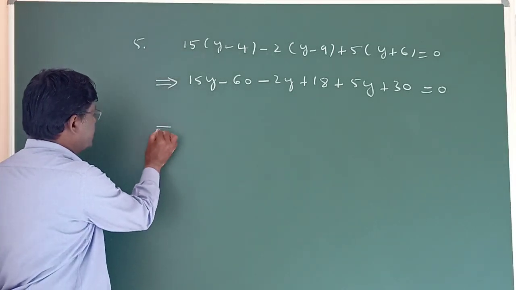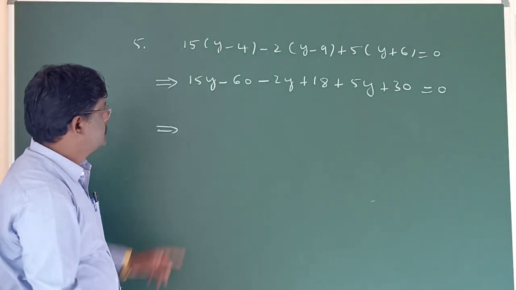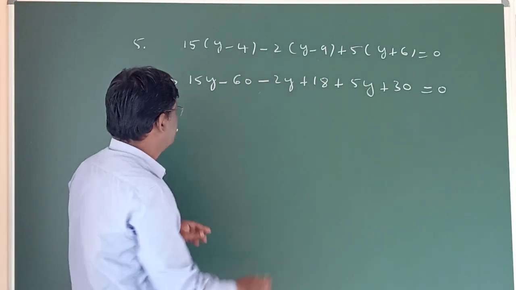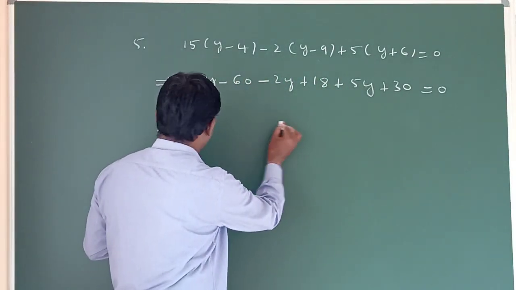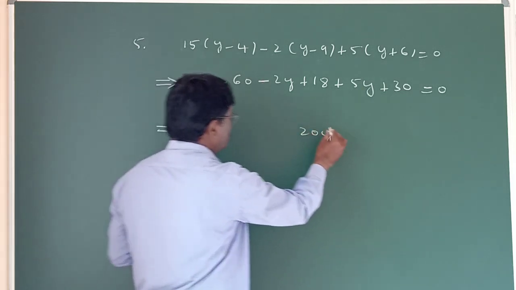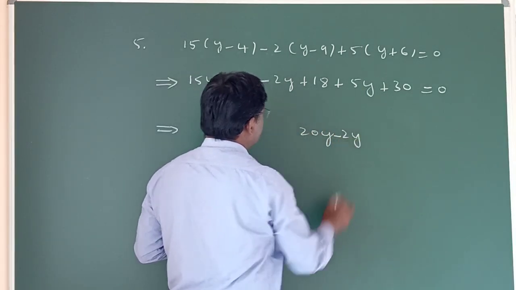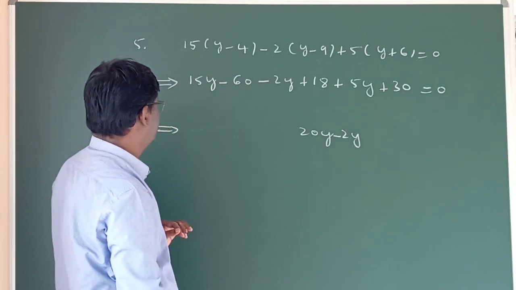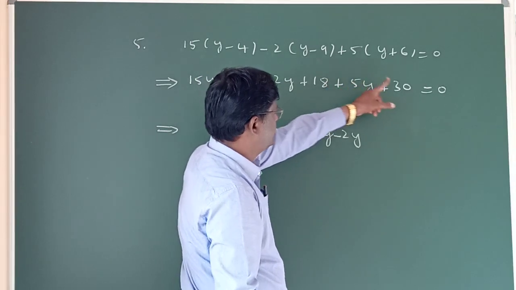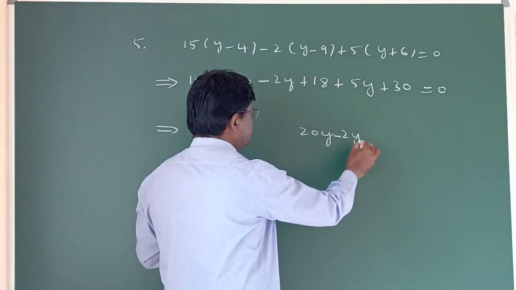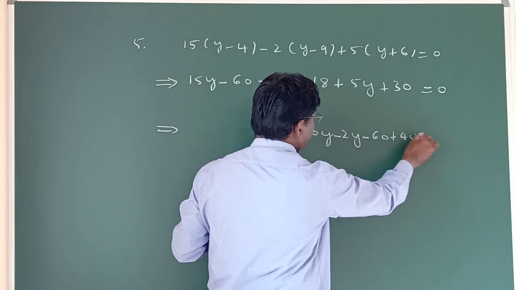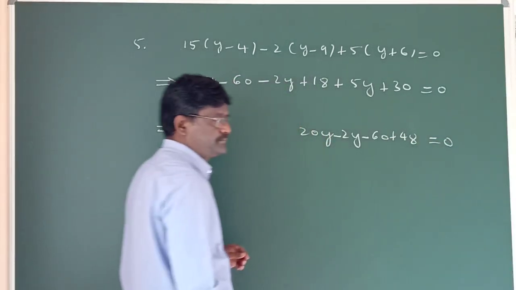Therefore, this implies now 15y plus 5y, add like terms, it is 20y. So therefore, 20y minus 2y. Then add all the constants, minus 60 plus 18 plus 30 equal to 0.